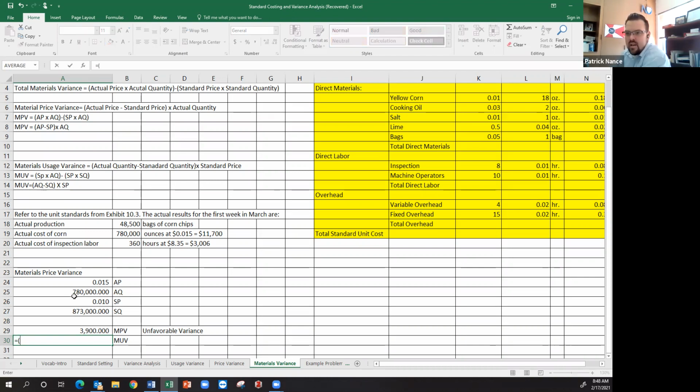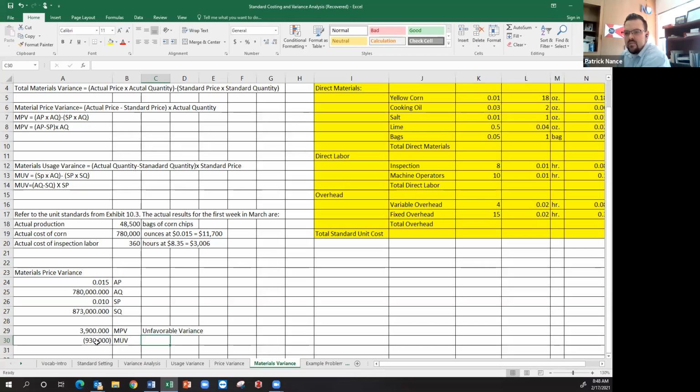I'm going to take my actual quantity minus my standard quantity times my standard price, which gives me $930 worth of usage variance.